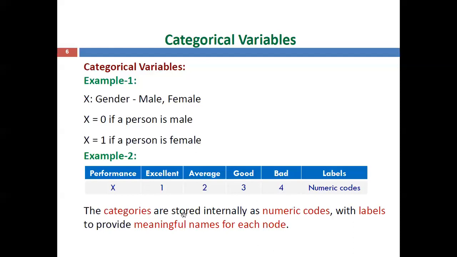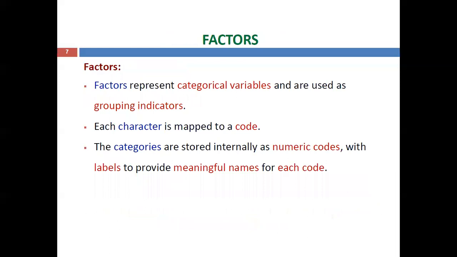So the categories are stored internally as numeric codes with labels to provide meaningful names for each code. Internally all the categories are stored as numerical values only, but each numerical value can be labeled by providing meaningful names for each and every code. These are some more examples which are combinations of both qualitative and quantitative variables.